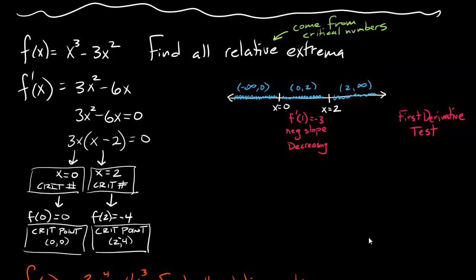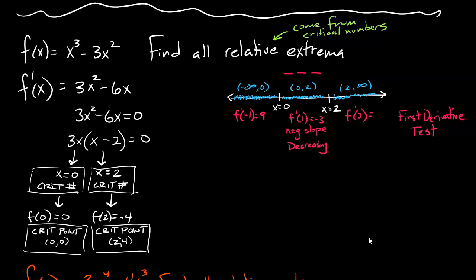Okay. I'm going to put some negative signs up here to signify that that section is decreasing. Okay, then I basically just need to test every section. Absolutely annoying part of this problem? Yes. But I need to test every section. You traditionally pick the easiest number you can. Sometimes a number like 10 or 5 might be easier. You just pick whatever. If I put negative 1 in, I would get 3 plus 6, which is 9.